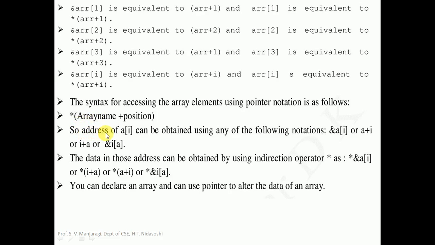It means the address of the array element A of I can be obtained by using either ampersand A of I, where ampersand is the address-of operator and gives us the address of the ith element of the array, or else we can take it as A plus I, or even it can be taken as I plus A.